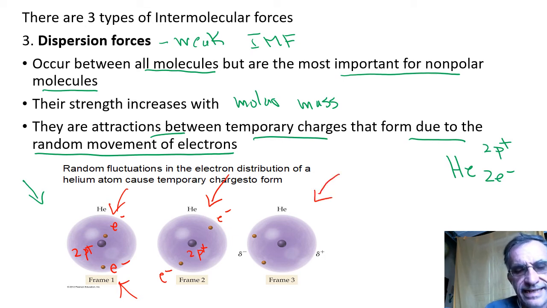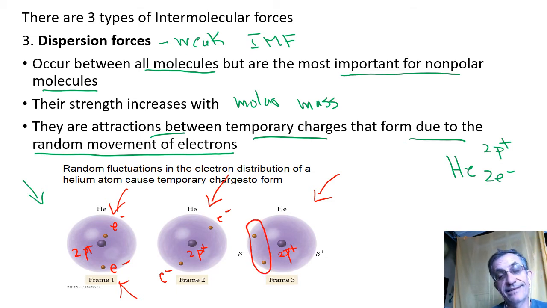The nucleus, the protons, are staying where they are. But the electrons, just by random chance, have both moved over to the left side. They can do whatever they want. Because they're in the same area, that area is going to become a little bit negatively charged. So the left side of the atom has all the electrons and gets a little bit of a negative charge.